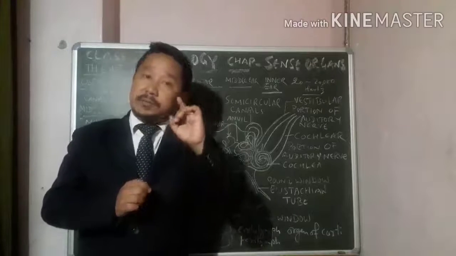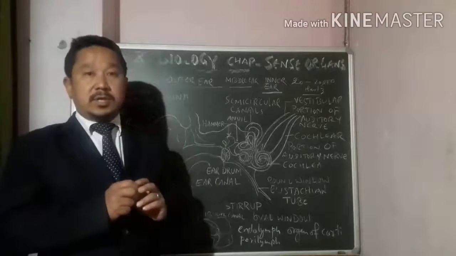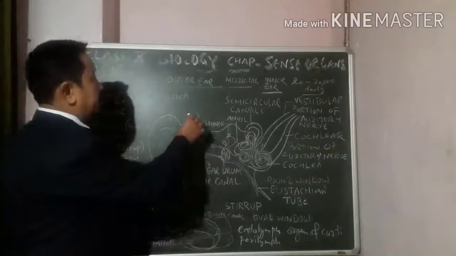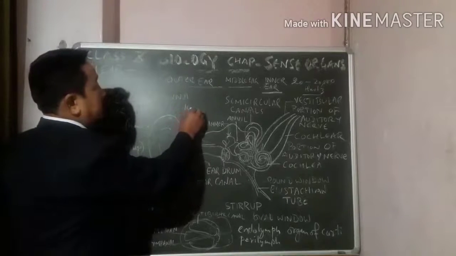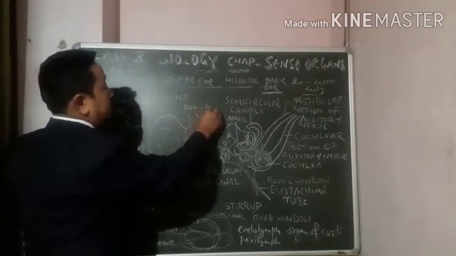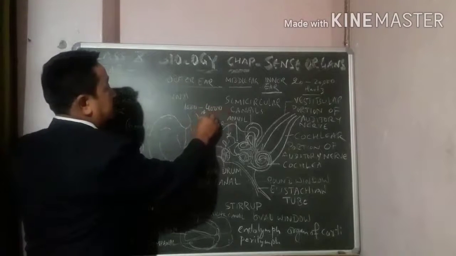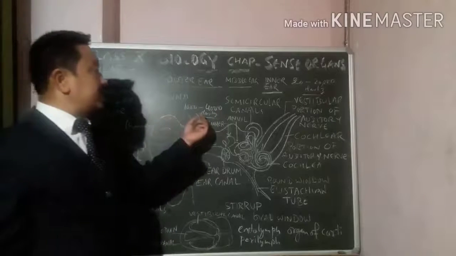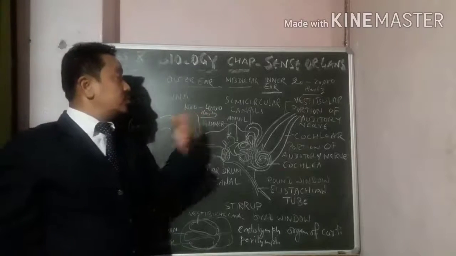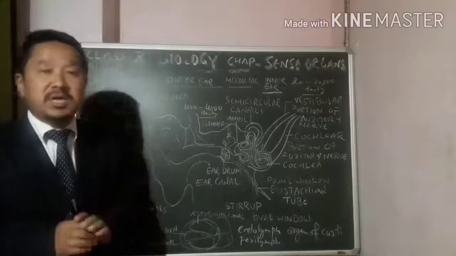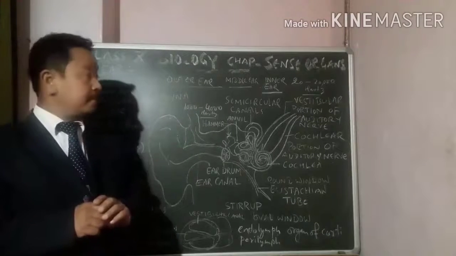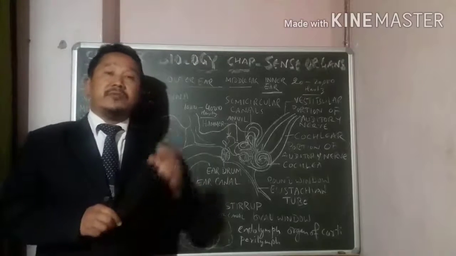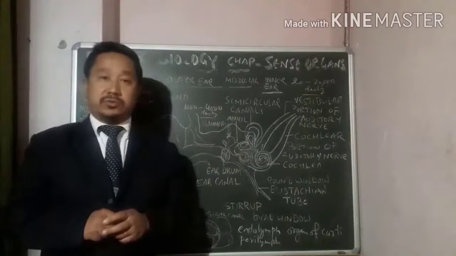But the sound which can be clearly heard is between 1000 to 4000 hertz. You see, dogs can even perceive sounds of higher frequencies.